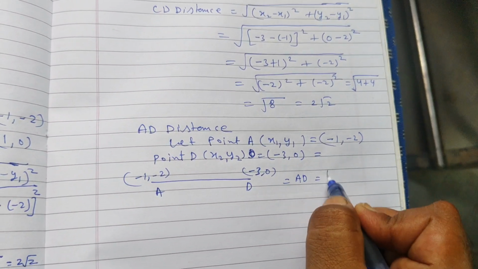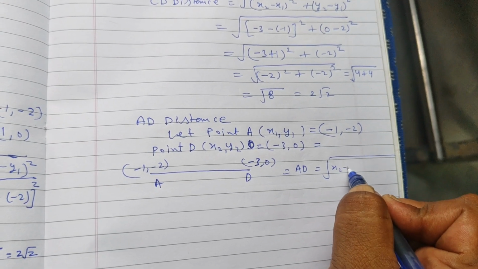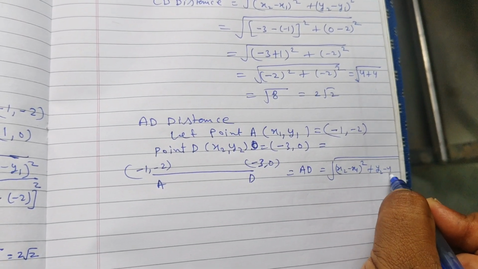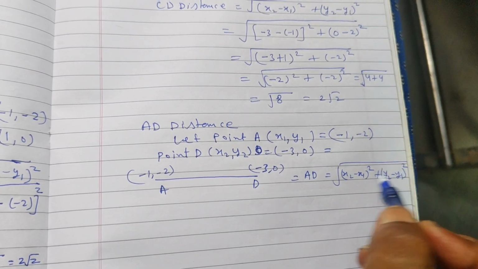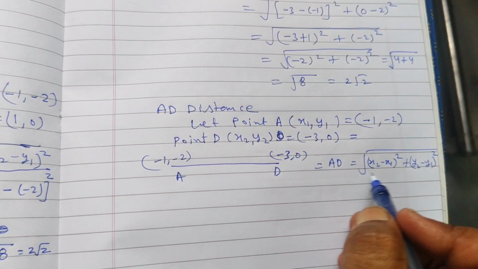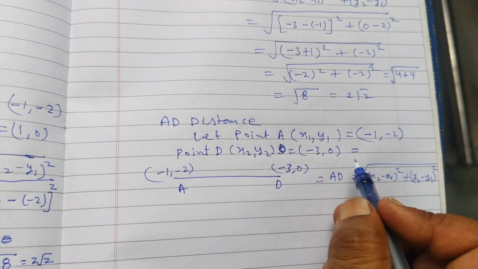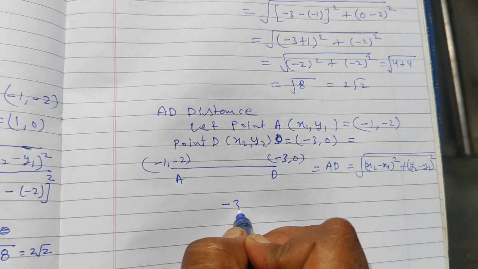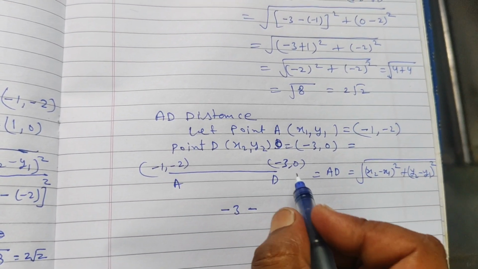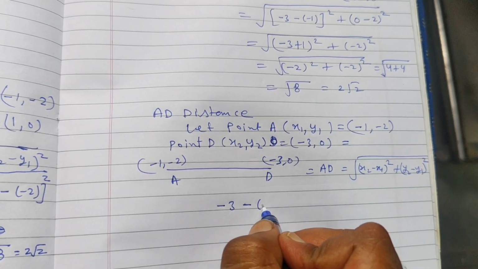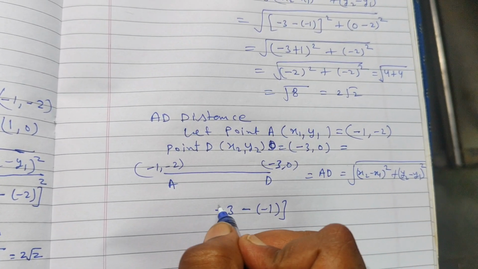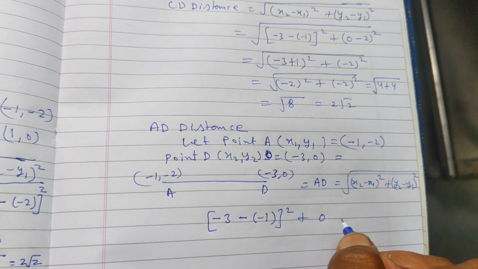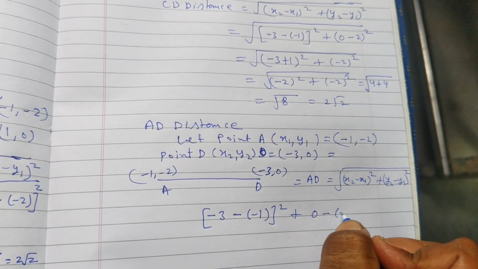AD is equal to the square root of (x2 minus x1) squared plus (y2 minus y1) squared. So x2 is -3 minus x1, which is -1, and y2 is 0 minus 2.